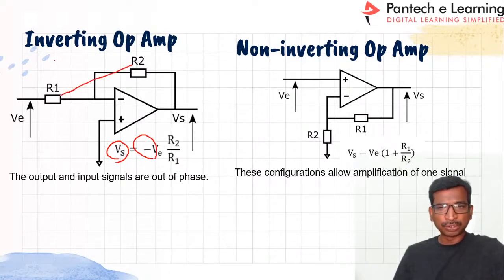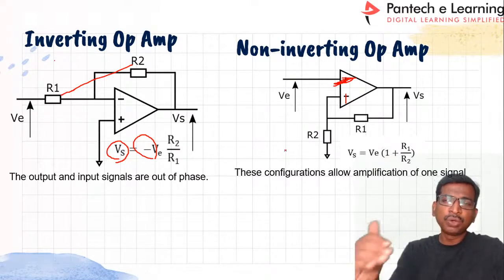Similarly for the non-inverting one, it is R1 divided by R2. So inverting and non-inverting.